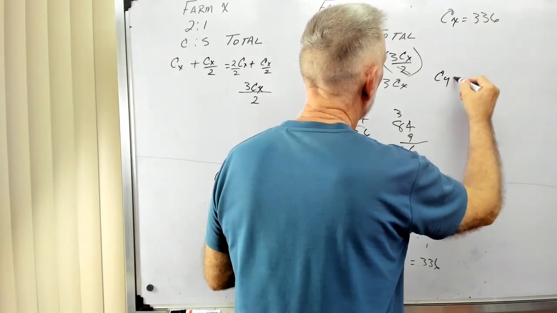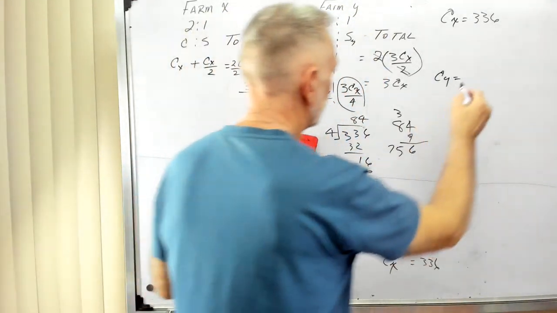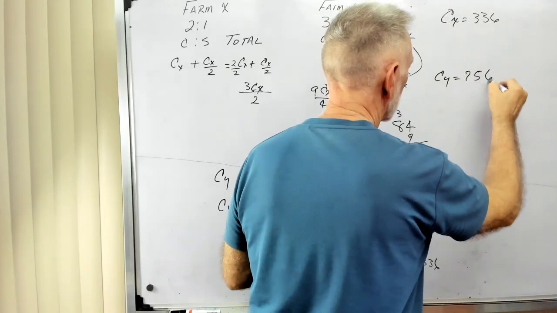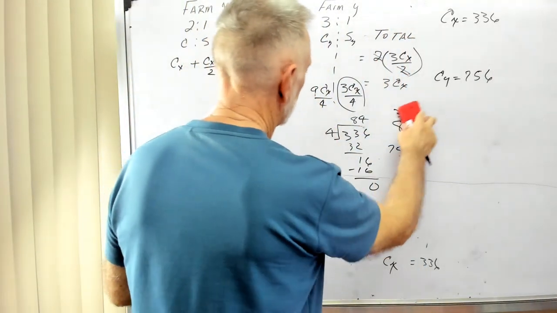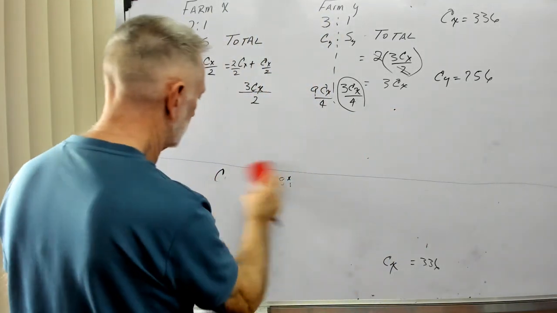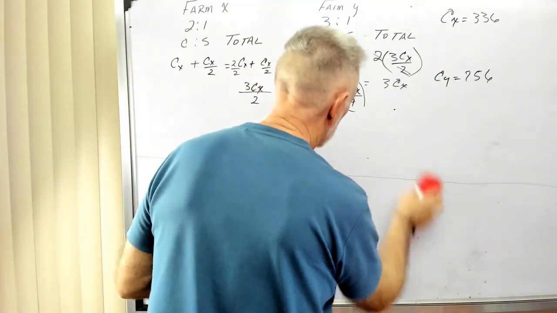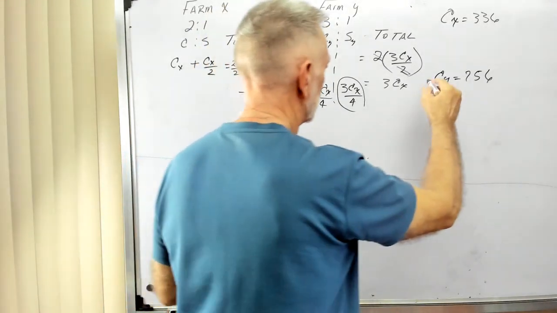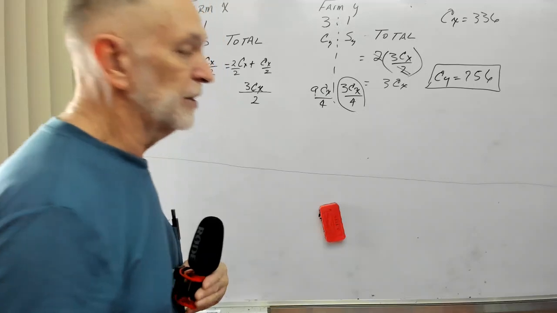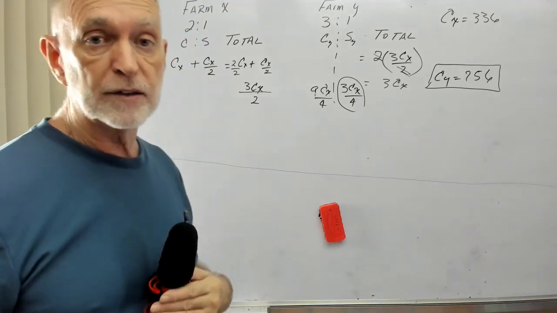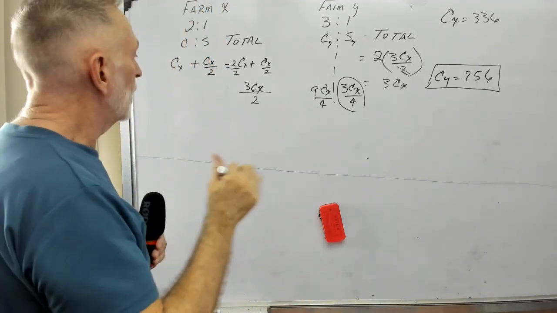Cows on y, we said were 756. So let me erase a few items here. Okay, so we've answered our question that they asked us. Now we just need to check ourselves to make certain that's correct. So how do we do that?